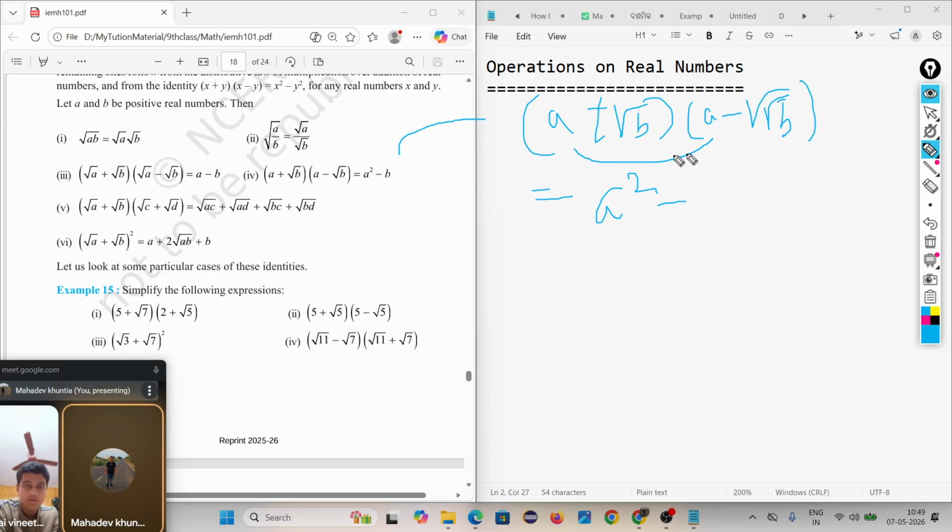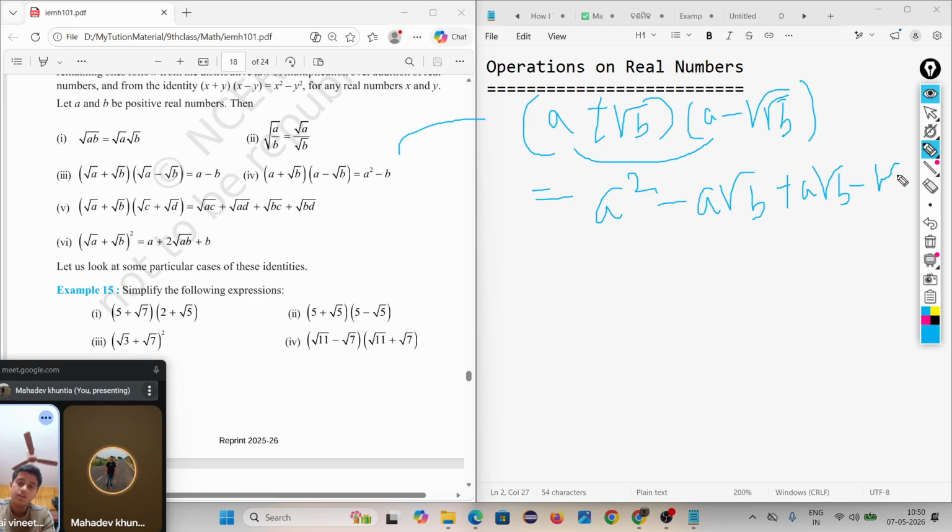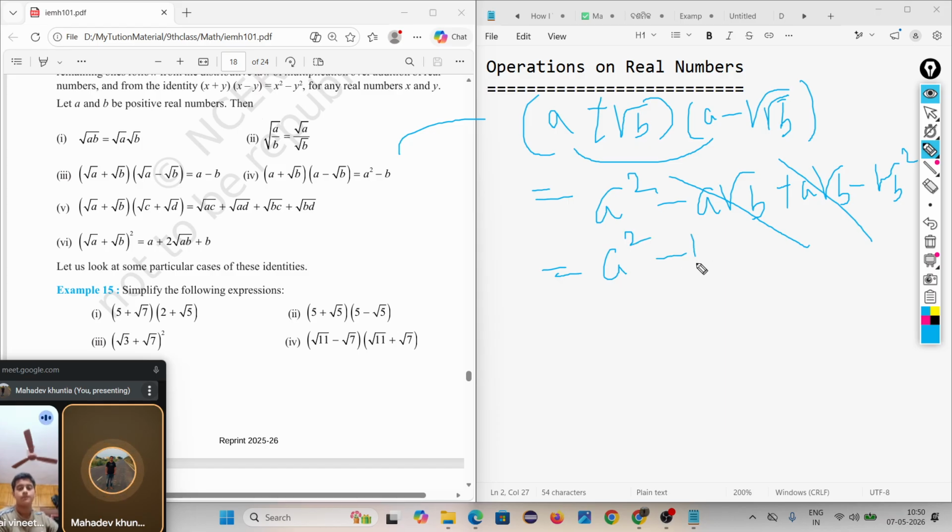Minus A into root B, A root B. Plus root B into A, A root B. And root B into root B with the minus sign, minus root B square, that is B. Minus A root B plus A root B cancel. Your answer is A square minus B, because root B square is B.